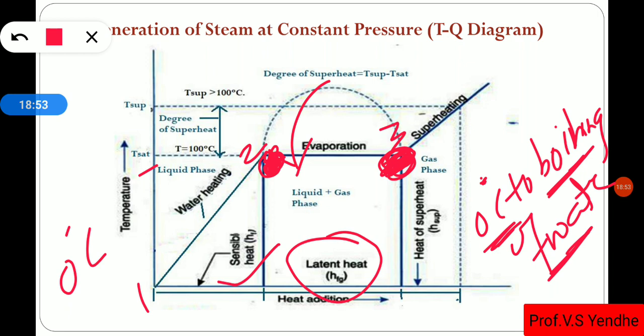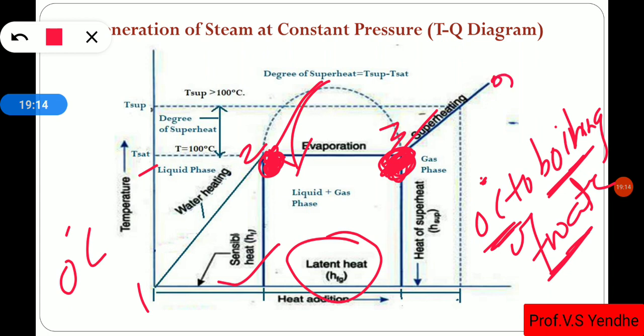Saturated liquid to saturated steam, that conversion, the amount of heat required, is known as the latent heat of vaporization. Then that saturated steam is converted into dry superheated steam.